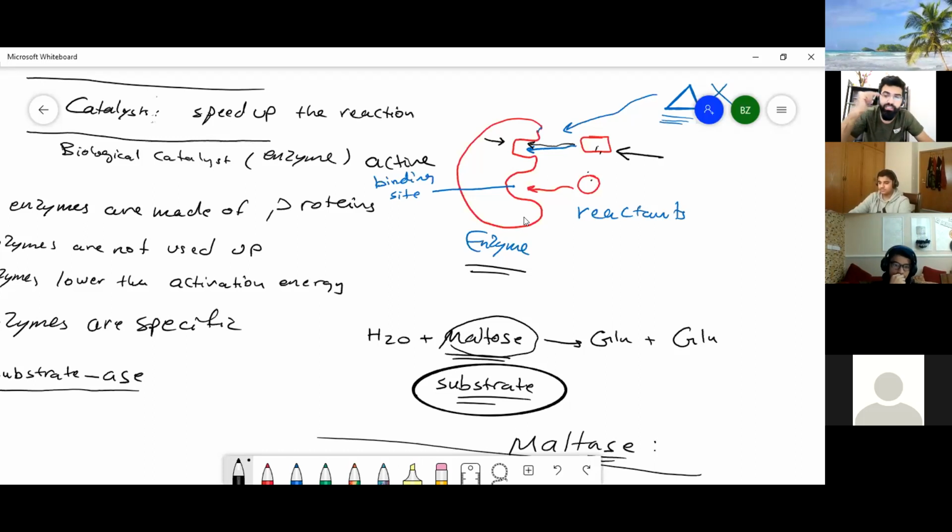But actually, a few years later, they discovered it's not 100%. It's similar, but when the substrate enters the active site, the active site makes a fitting on the substrate.